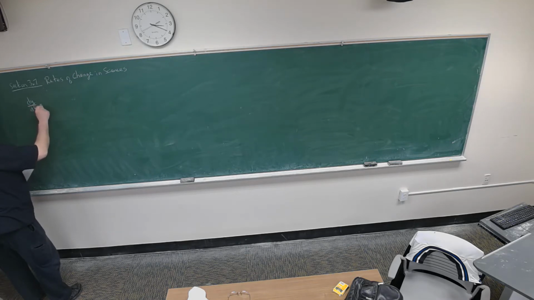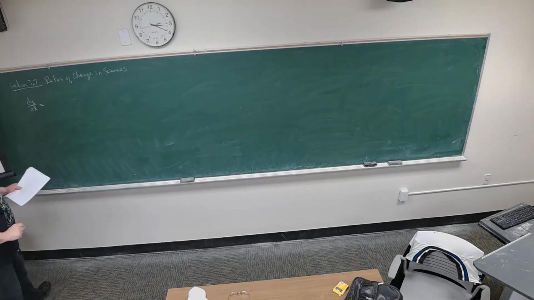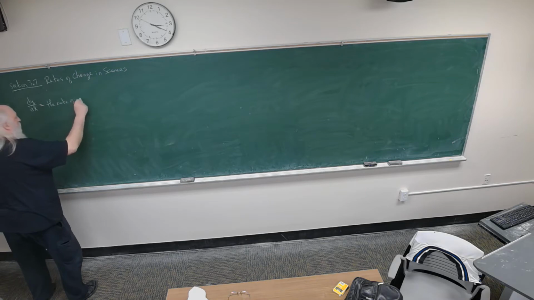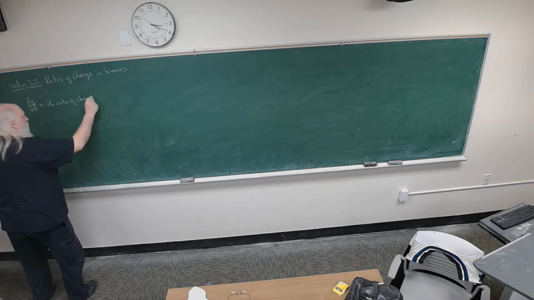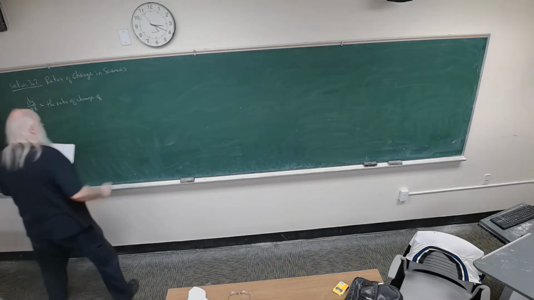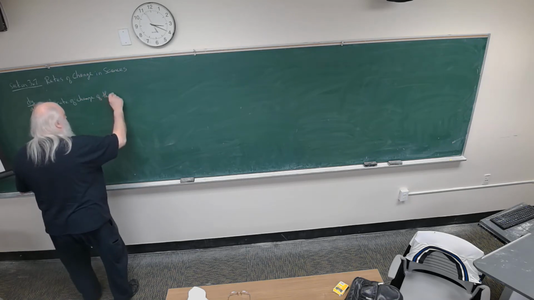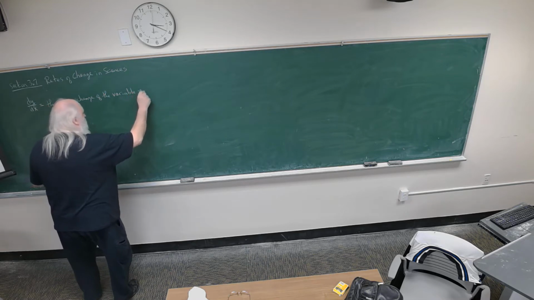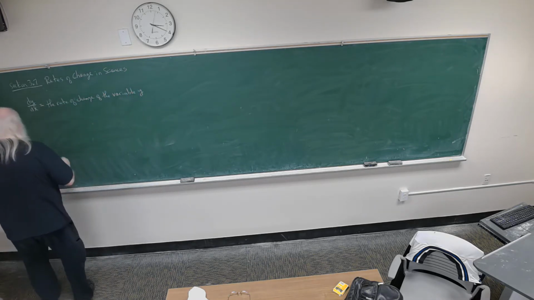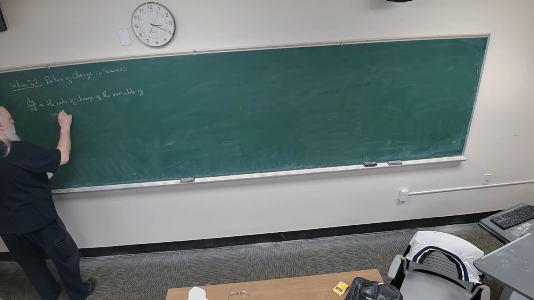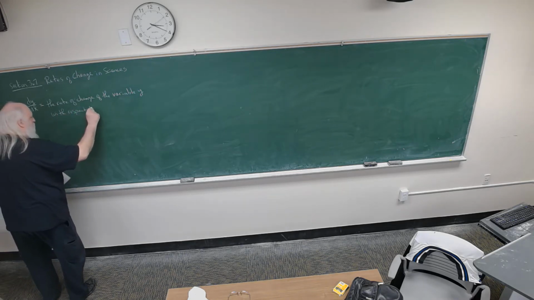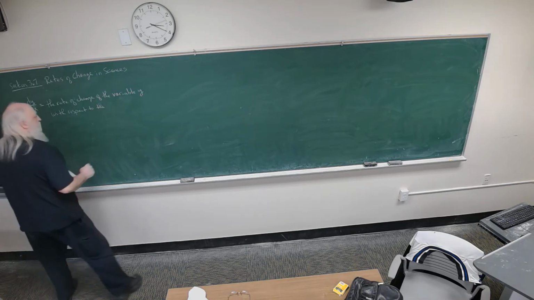So we're going to define the units of derivative of y with respect to x. It is the rate of change of the variable y with respect to the variable x.